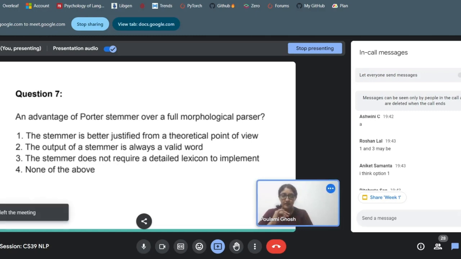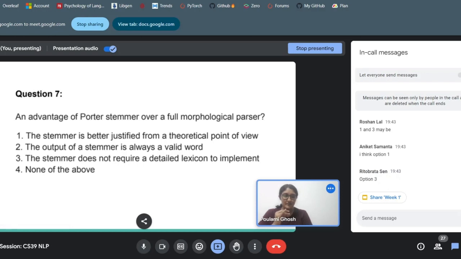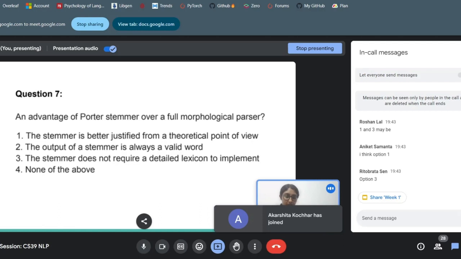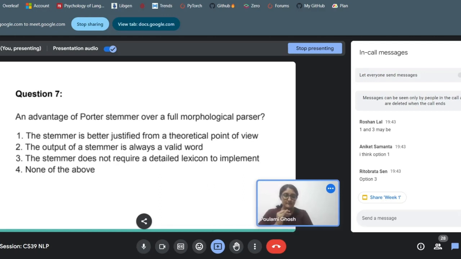How about Roshan, who has said 1 and 3 maybe. Okay, Roshan, why do you think 1 and 3 are the answers? Please unmute and say what you were thinking.